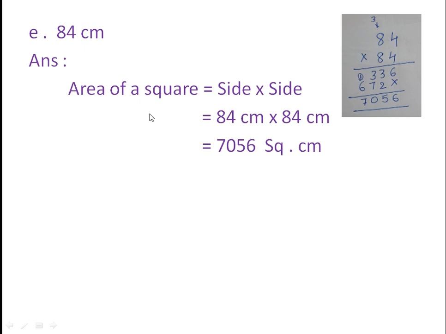First write down the formula for the area of the square, side multiplied with side, and write down the value for the side, 84 centimeters and 84 centimeters, and calculate. 84 84s are 7056 square centimeters is the answer for this problem. Like this, we should calculate the problems. These formulas are very important: area of the rectangle and area of the square.